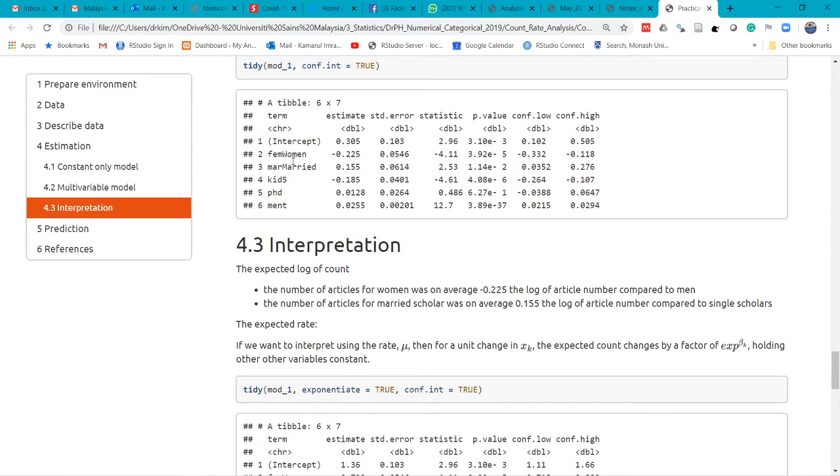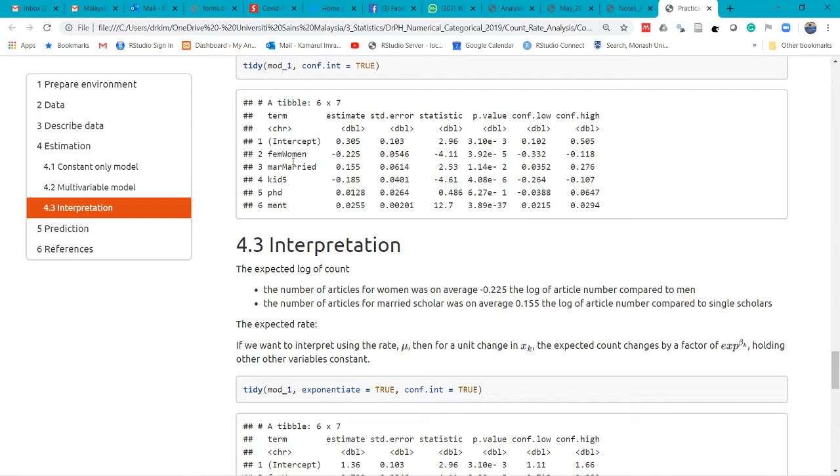If you look here, for women, on average they have the log of count for number of articles at a factor of minus 0.23 in comparison to men.